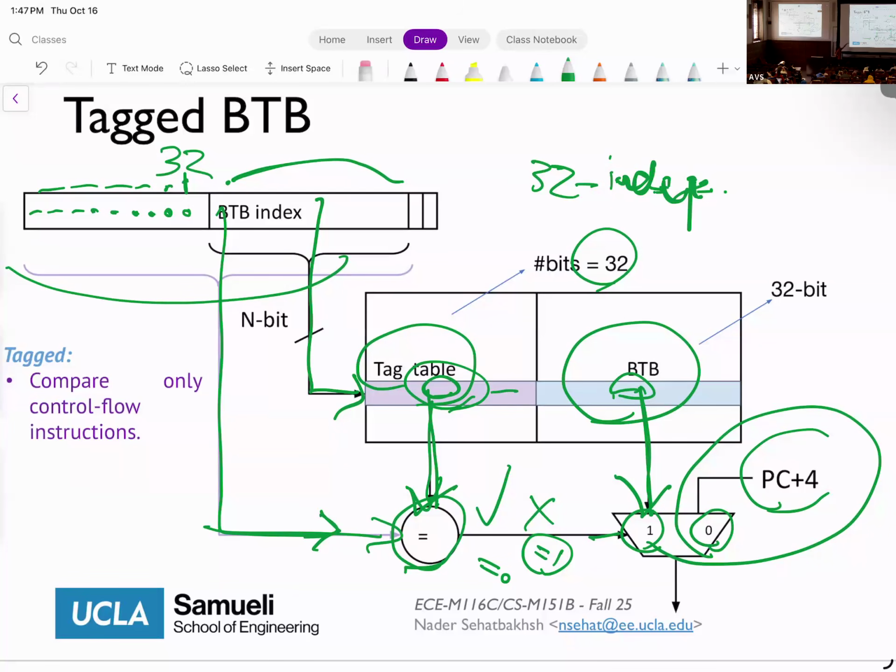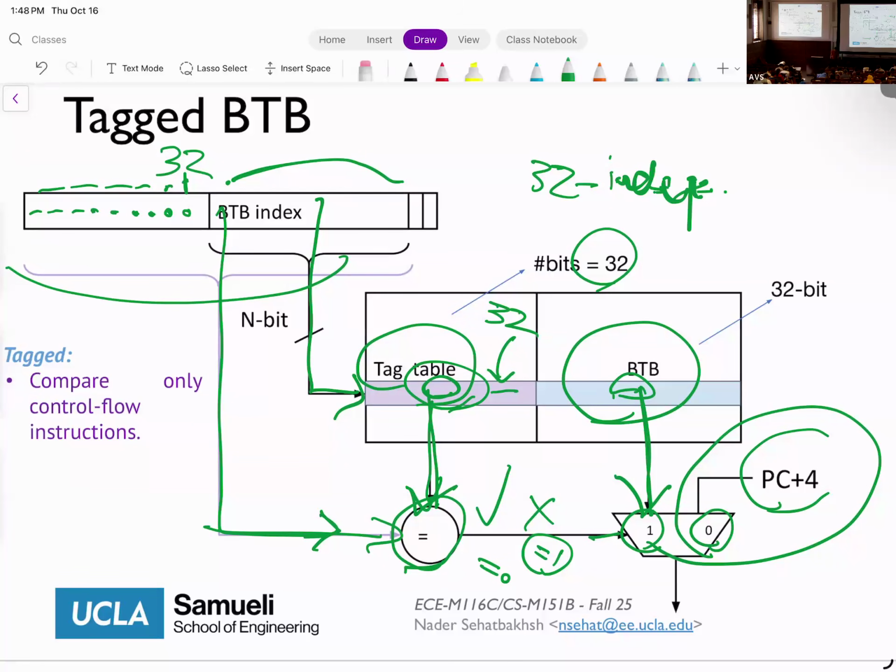But remember that I'm storing the entire tag of the entire PC in that table, right? So what I'm storing here is the entire 32 bits. So I'm indexing to the same place, but the tags won't match. When the tag doesn't match, I'm not going to take the branch. So it's like the branch would be not taken. Okay?